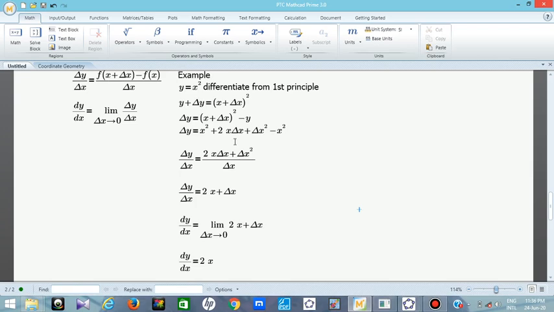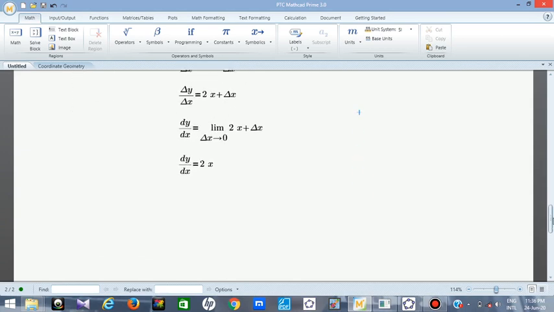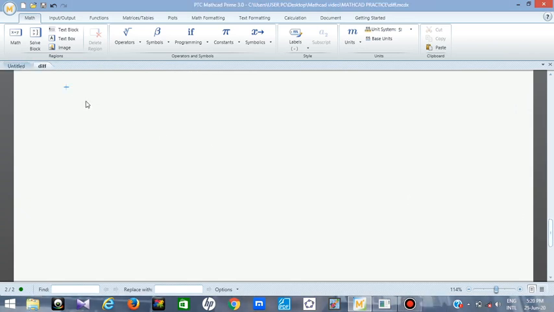Okay, let's try another example with differentiation from first principle. Let's take example 2. Let's say we are asked to differentiate something like this. Let's say y equals square root of 3x squared minus 5.